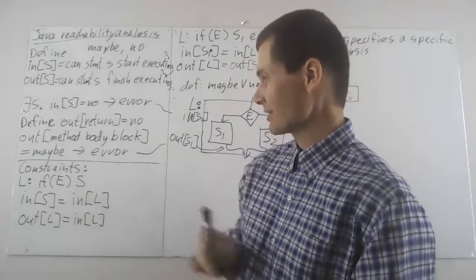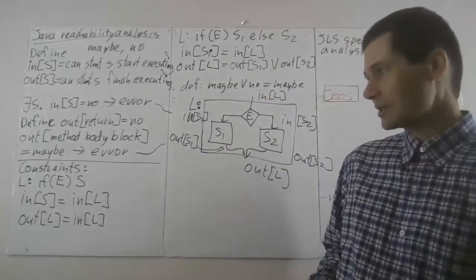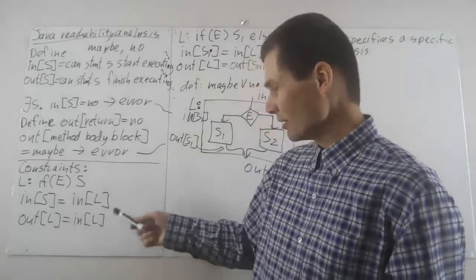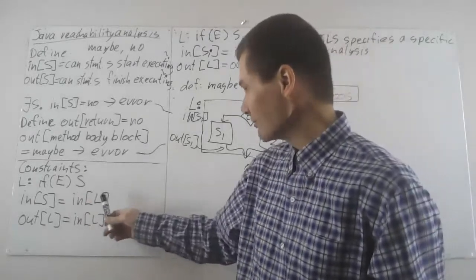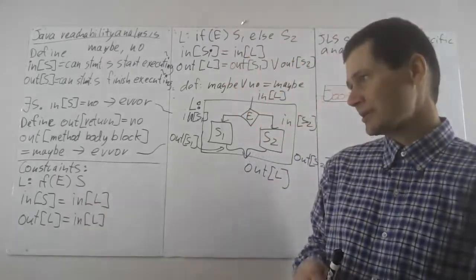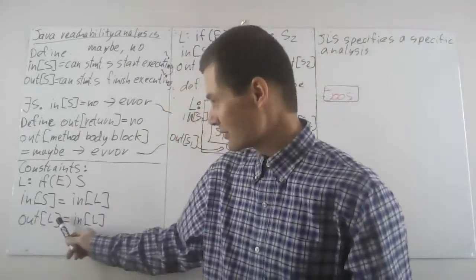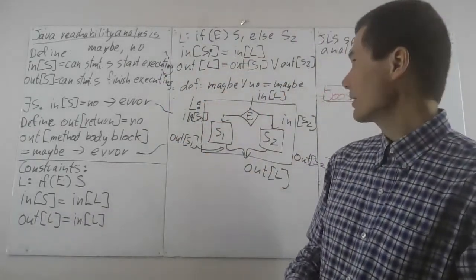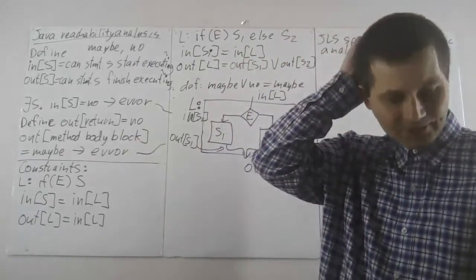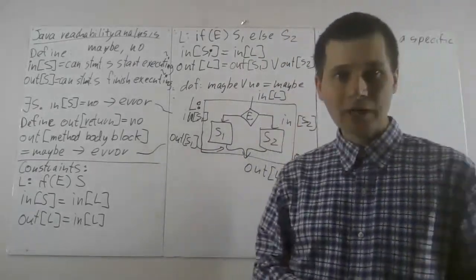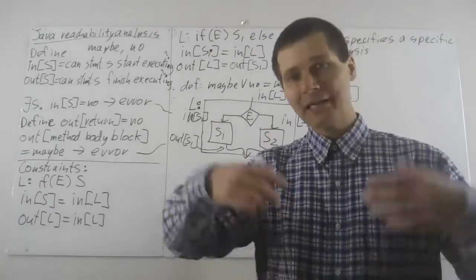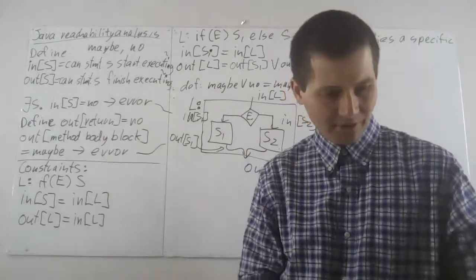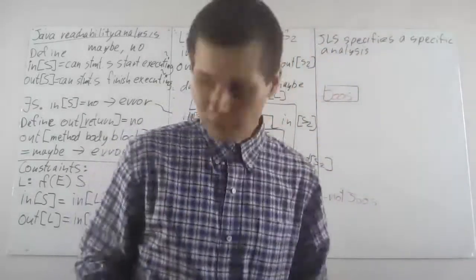In this case, the then clause of the statement, in terms of in and out of the overall statement, and then you compute an out value for the overall statement. So we looked at the case of if statements, and I told you to think about while loops, and that we're going to do while loops next. So, all right, let's do while loops.